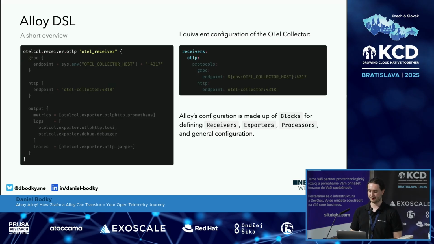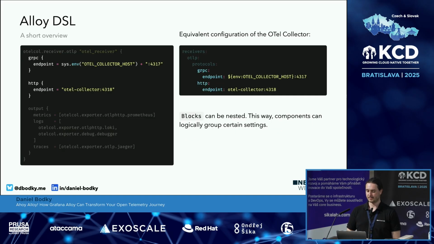So first of all, as I already mentioned, the Alloy DSL is made up of blocks. And those blocks define the receivers, exporters, processors, as you do in YAML for the OTel collector config. Then those blocks can be nested, so nested YAML objects would become nested blocks.